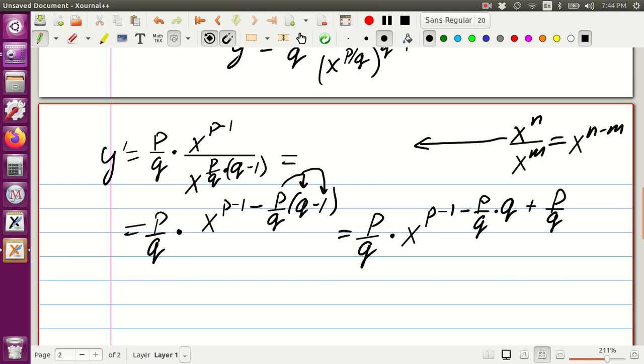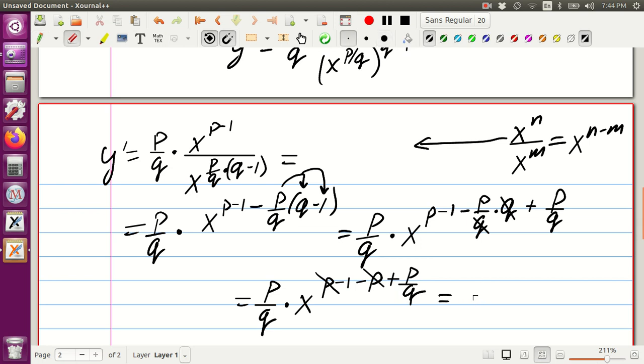If we distribute p over q through the expression, we can clearly see that we can divide this q and q, and we get p over q times x to the p minus 1 minus p plus p over q. This p and this p add up to 0, and we get p over q times x to the p over q minus 1.